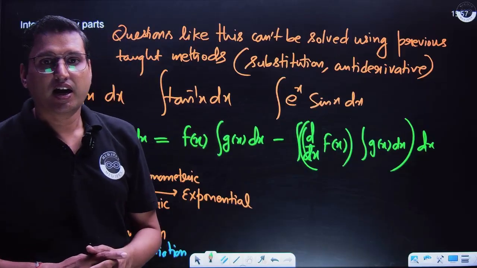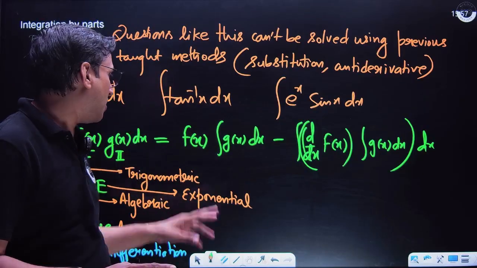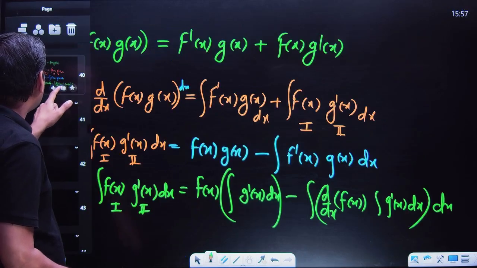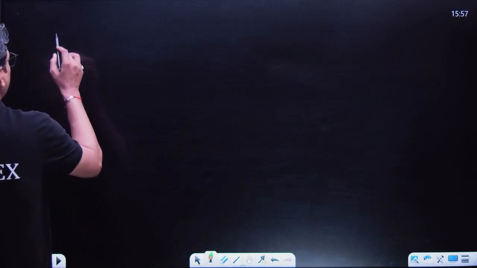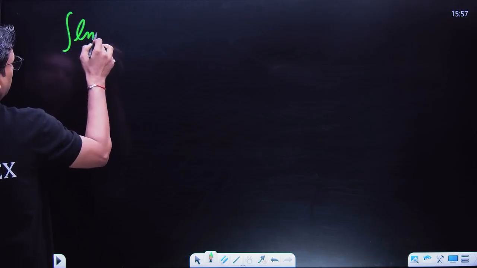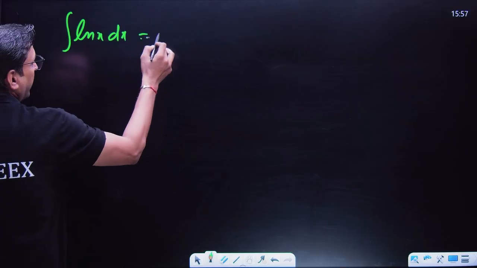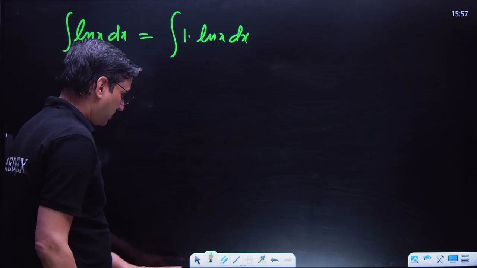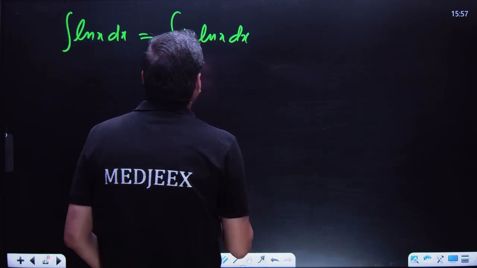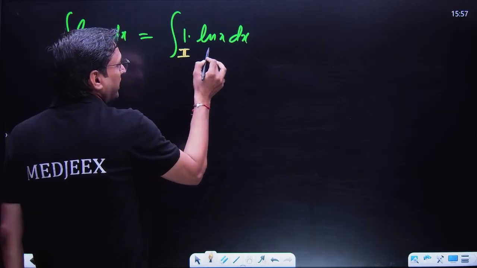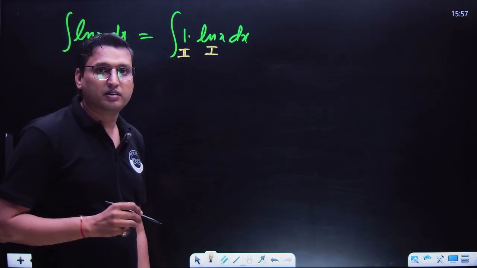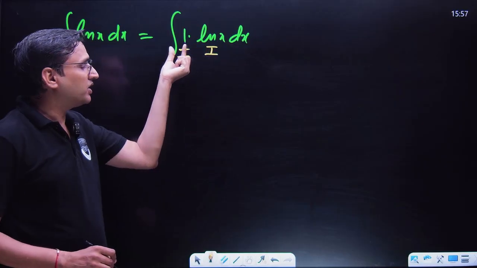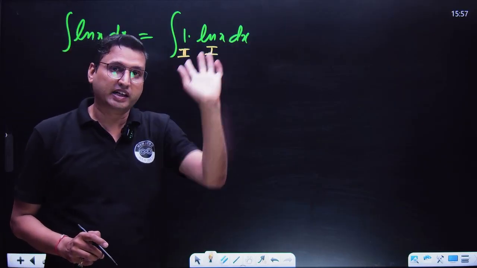Is this clear? I hope this is clear to all the students how to do such kind of integration by parts. And as an example of integration by parts, if I am to integrate log of x, then I'll take 1 into log of x dx, and I'll take 1 as the integrating term and ln x as the differentiating term. ln x is the highest priority term, and 1 is taken as a constant algebraic expression, correct?